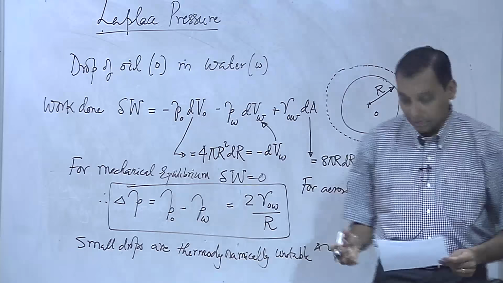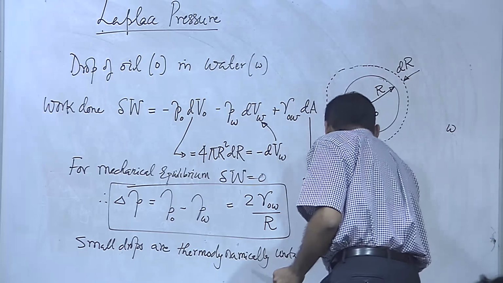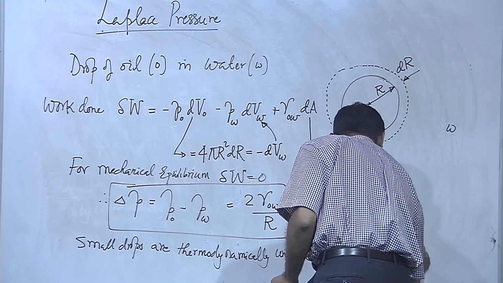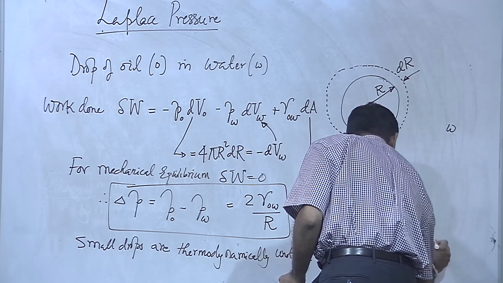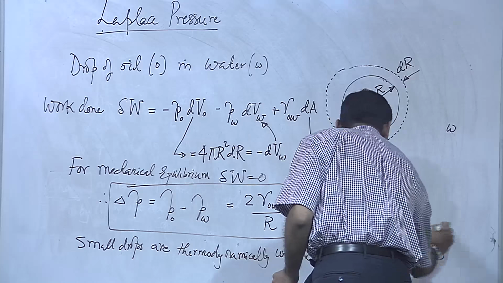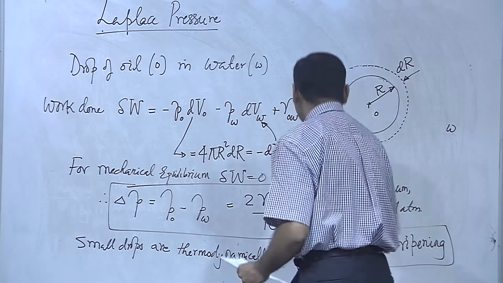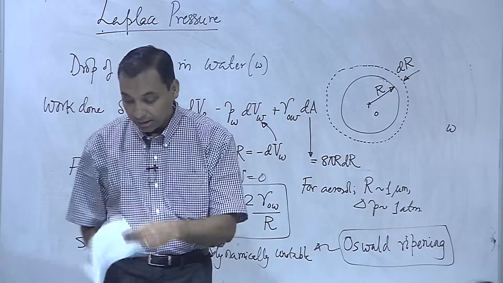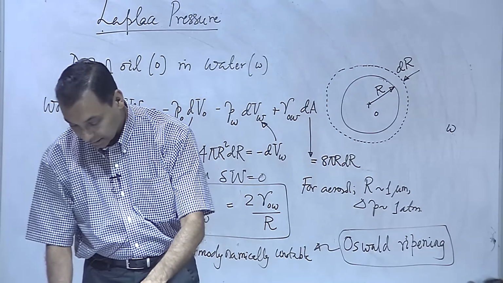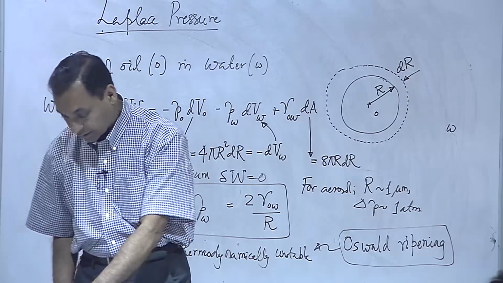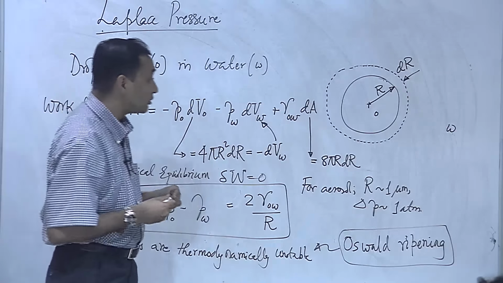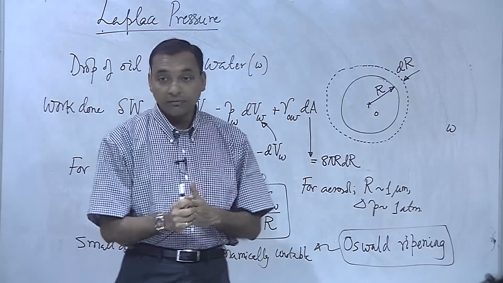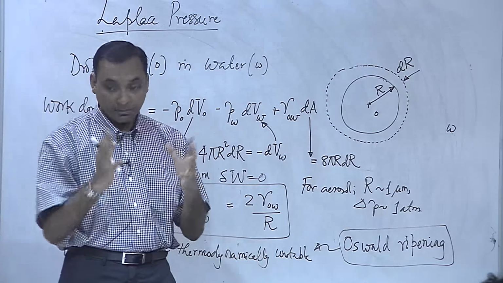So often this is referred to as Ostwald ripening. In chemical engineering, this process is often used in making these emulsions, and they are referred to as the Ostwald ripening process. Okay. And it's purely driven due to this kind of Laplace pressure.